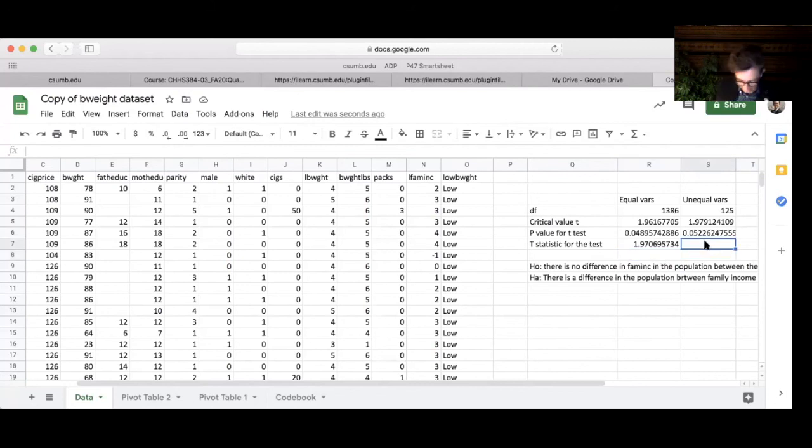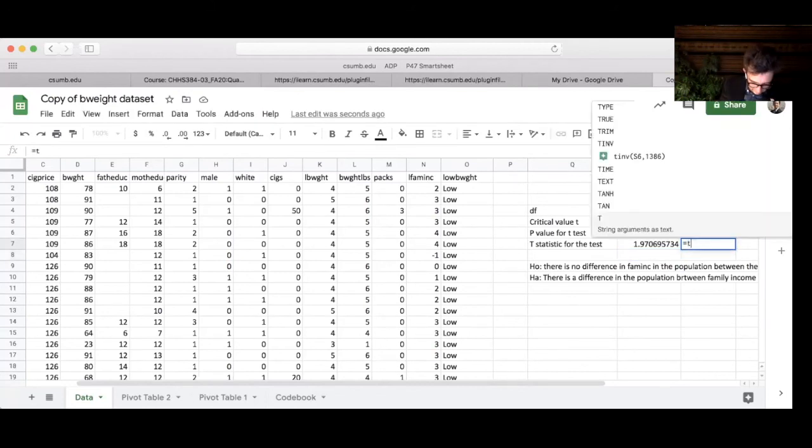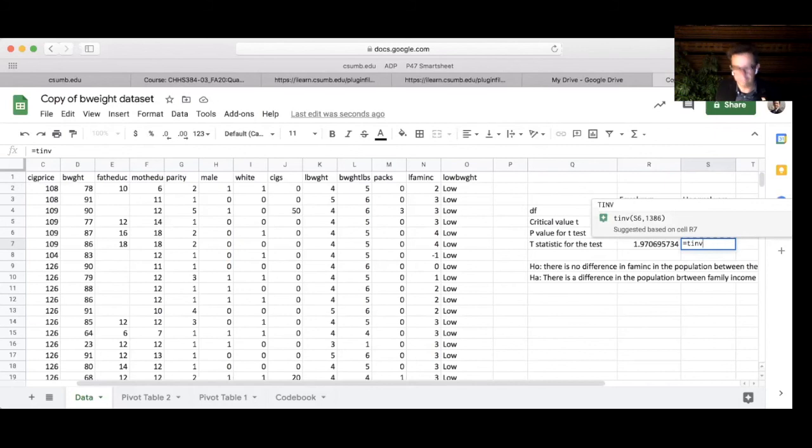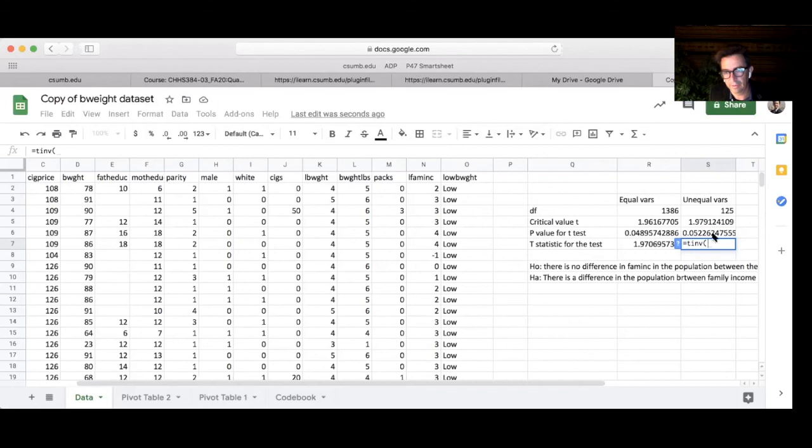And same for here, equals to t inverse. We're going to put this p-value there, and comma, and the degrees of freedom 125. Okay, now we have everything we need to do this.